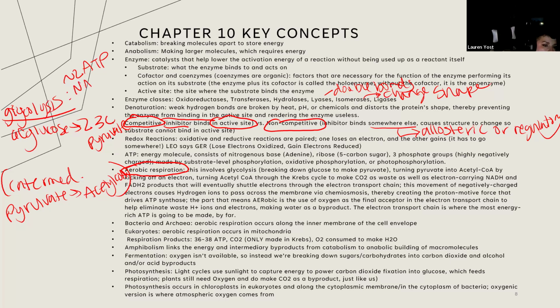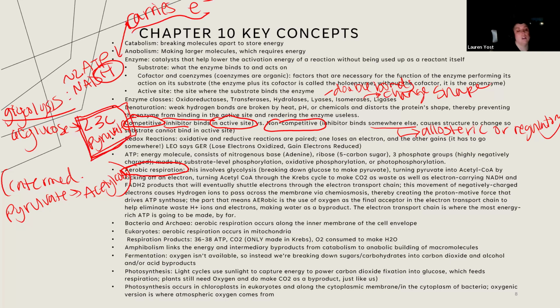Then you'll have some NADH made, which is carrying an electron. This is the important part of it. But you'll make a little bit of ATP, you'll make a little bit of NADH, and then you'll make the pyruvate, which is the big daddy take-home message of glycolysis.